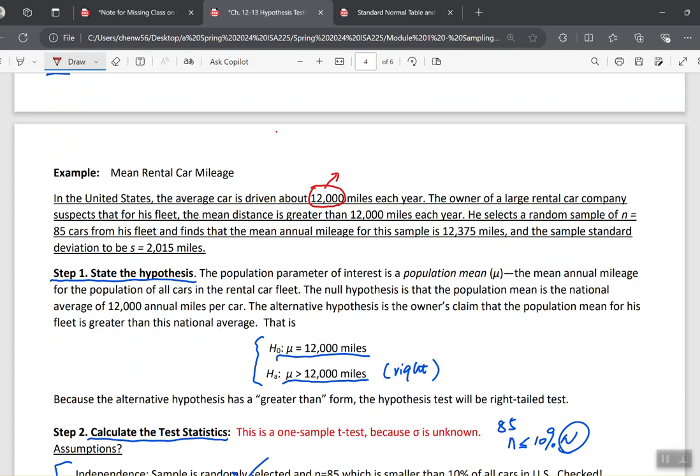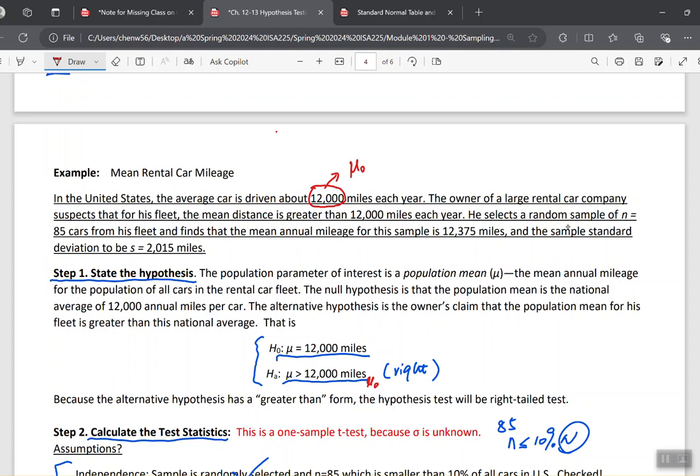So this 12,000 miles is our mu0. Then, the owner of a large rental company suspects that for his fleet, the mean distance is greater than 12,000 miles each year. So this is still our mu0.